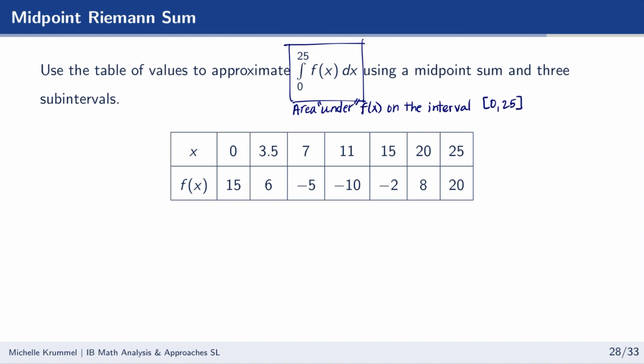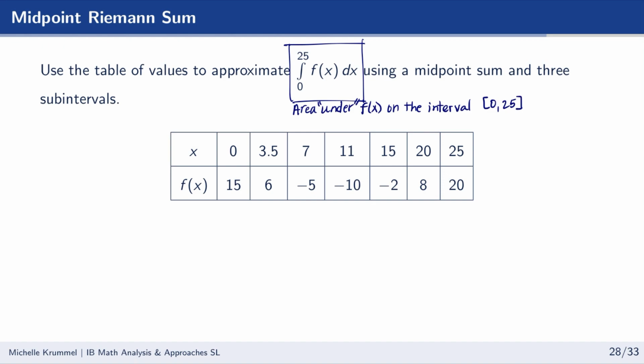So if you're asked to approximate this integral using a midpoint sum, 3 subintervals, that means we have to take the interval from 0 to 25 and split it into 3 subintervals. Now, because we're working from a table, we can't force all 3 intervals to have the same width.